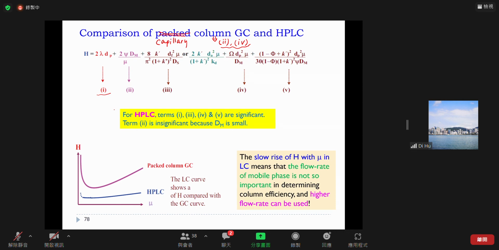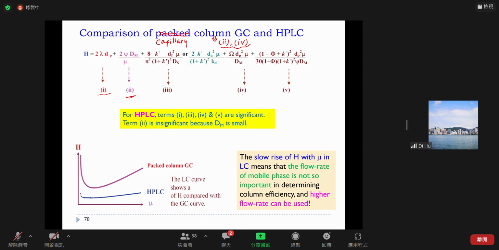The non-equilibrium mass transfer in the stationary phase is not significant because the film thickness, if you still remember, in GC is about 0.1 to 0.5 micrometer, very, very thin. It also does not have a stagnant mobile phase. So the two most important terms are longitudinal diffusion and the moving mobile phase. That is for capillary GC.